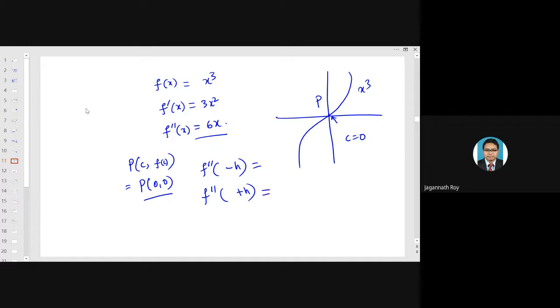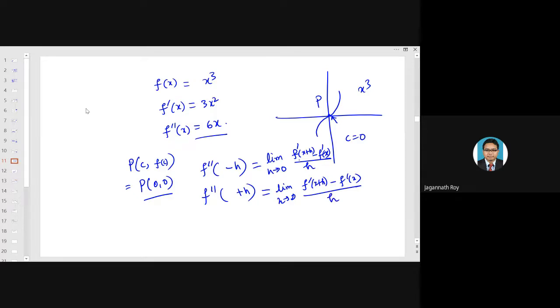So if you use the derivative limiting definition, limit h goes to 0, f of x plus h minus f of x divided by h. Sorry, this would be f dash: f dash of x plus h minus f dash of x.